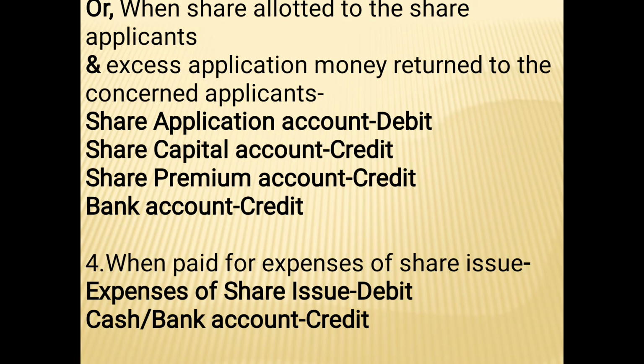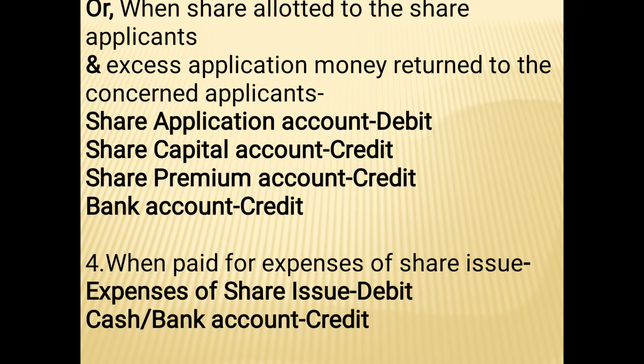Or when shares are allotted to the share applicants and excess application money is returned to the concerned applicants, if you want to give the second and third one at a time or in one journal, then you can give the alternative journal. This one is share application account debit, share capital account credit, share premium account credit, bank account credit. Totally four accounts are involved in this transaction.